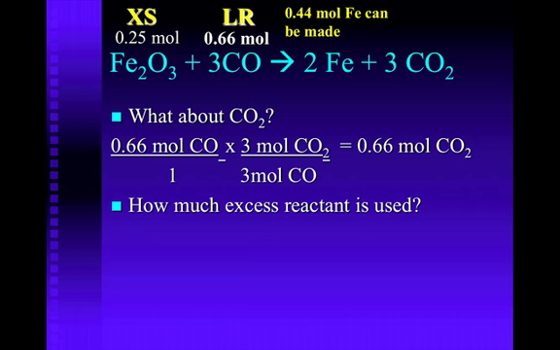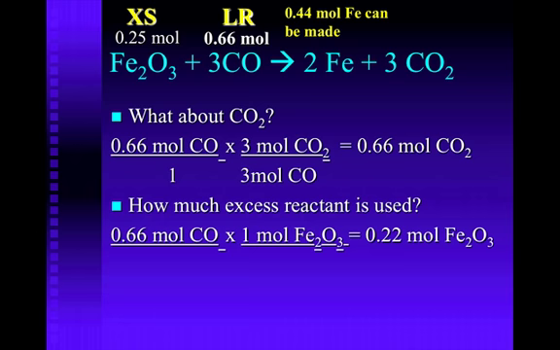How much excess reactant is used? Well, from the limiting, you have to use the limiting reactant here, over 1, to the excess reactant. Okay, my fence post is going from here to here. I find out that 0.22 moles of Fe2O3 are actually used.